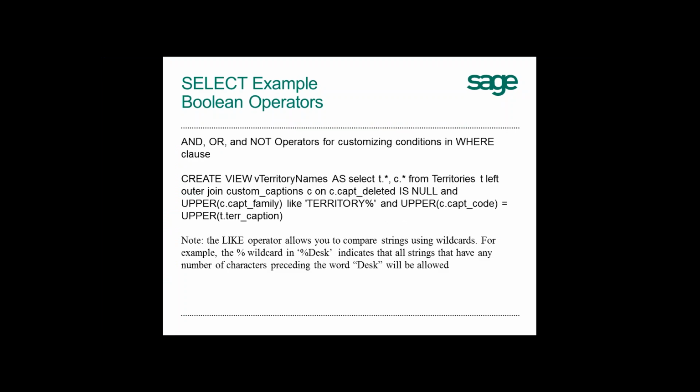Now, like is probably one of the most useful things that we can use inside a view, especially when you're trying to return and create a data source where you're not entirely sure how somebody would have entered a particular string. It allows you to create fuzziness around the return of data.